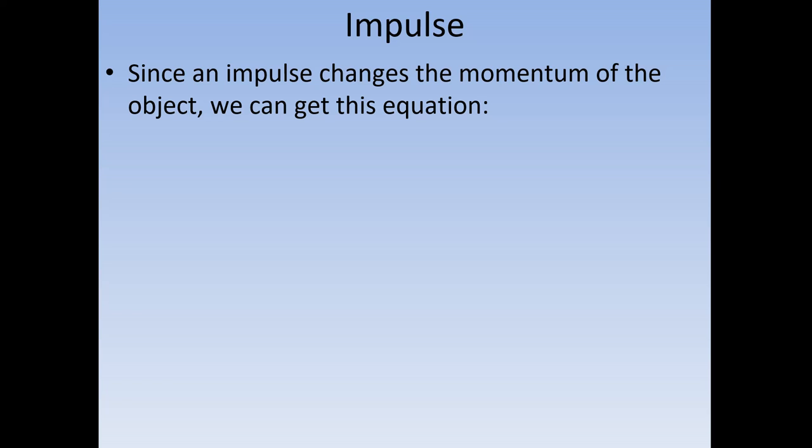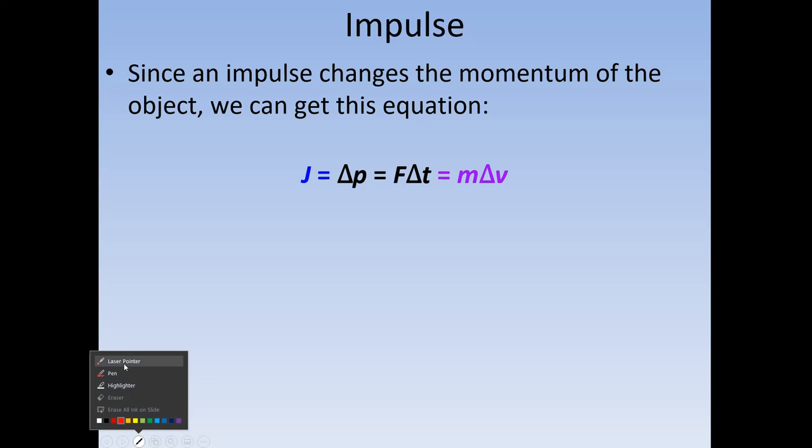Now, this is the equation that we're going to use to find impulse. You'll notice that this is colored really weird, so I want to explain this in a bit. The first part, delta P equals F delta T, is the equation that's given to you on the reference table for the AP.